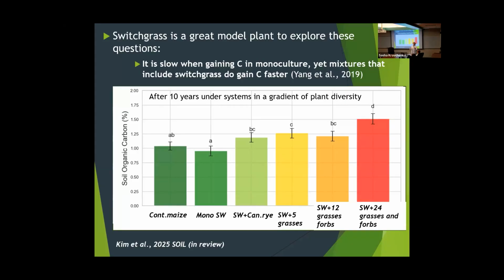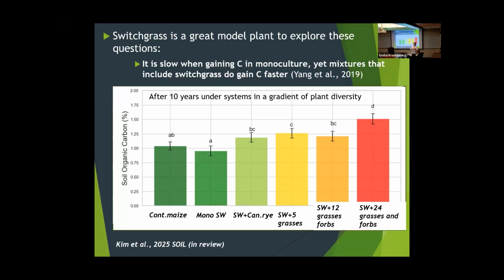And so a lot of studies are devoted to that. But besides all that practical importance of switchgrass, we found it to be a very interesting plant to work with from the perspective of soil carbon gains and the role of plant community composition in it. Why is that so?